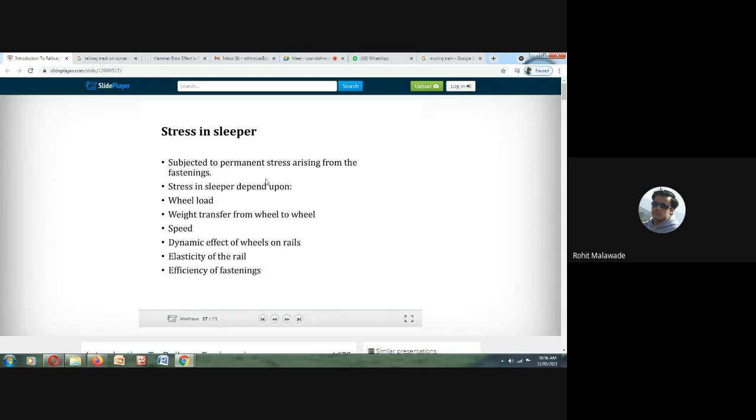The greater the wheel load, the higher will be the stress on your sleeper, because the load from the wheel is transferred to the rail, and from the rails it is transmitted to the sleeper. So wherever we have the greater load of the wheel, there greater stresses will be created on the sleepers also.